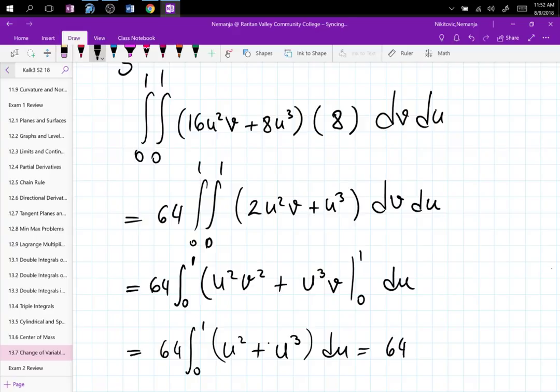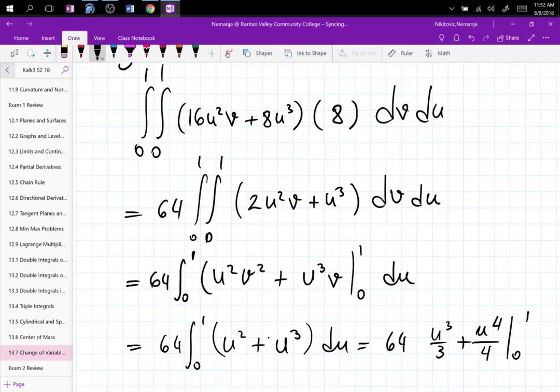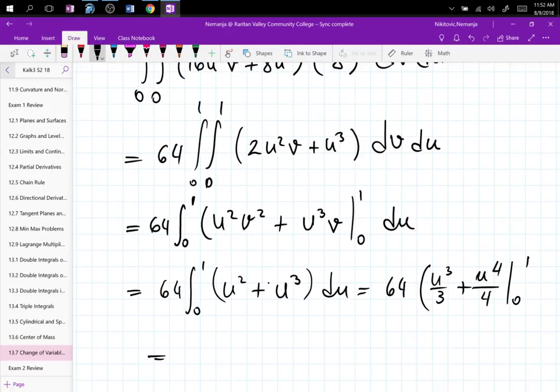Now that's 64 times u cubed over 3 plus u to the 4th over 4, from 0 to 1, from where all you get is 1/3 plus 1/4. Now that's going to be 7/12.